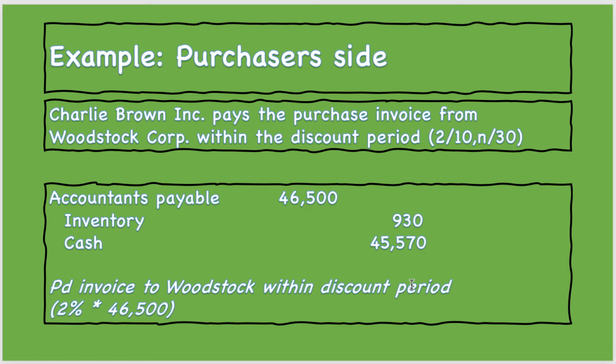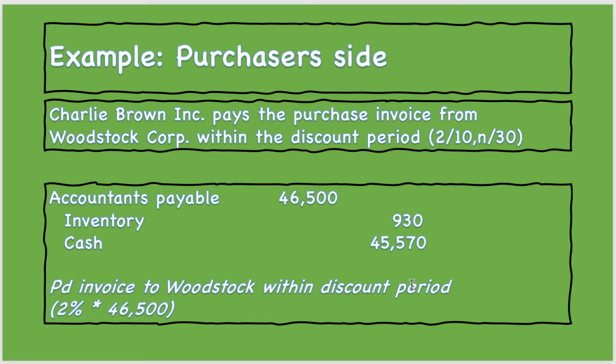Well, how much did we owe them? $46,500. We multiply that by 2%, we get $930. That's the discount that we're taking for paying early. We account for that in our inventory account. So that discount is decreasing the value of our inventory. We're going to credit inventory $930 to decrease it.